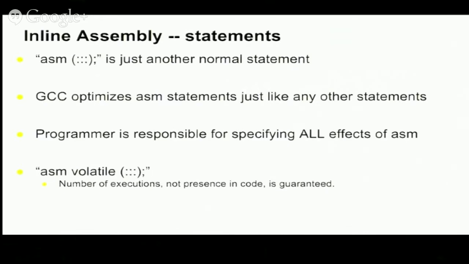So if you have asm volatile inside an if (0) clause, then GCC can see that the asm volatile statement will never execute and it might delete it. Otherwise, if an asm volatile statement has the same inputs and the same outputs, but there are still two executions of that statement, even though the statements are completely identical, GCC will keep both. That's the effect of the asm volatile keyword.